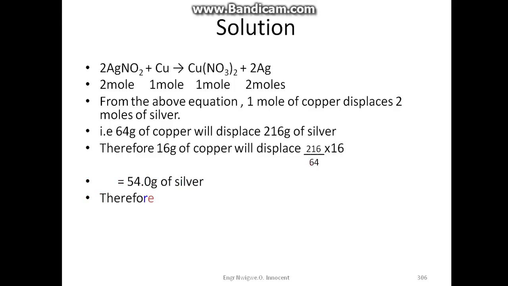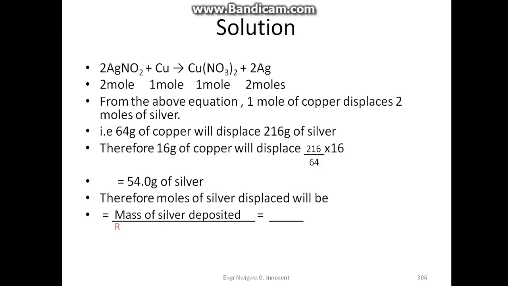Therefore, moles of silver displaced is equal to mass of silver deposited over relative atomic mass of silver, which gives 54 over 108. The answer is 0.50 moles of silver.